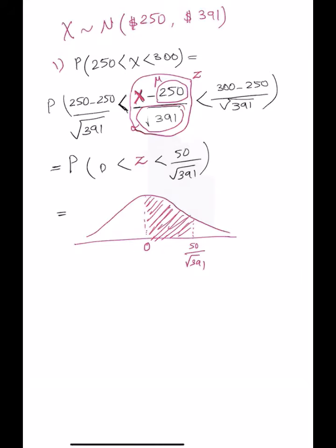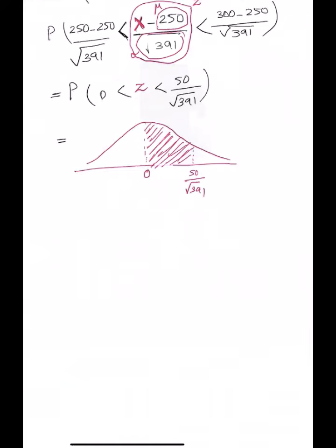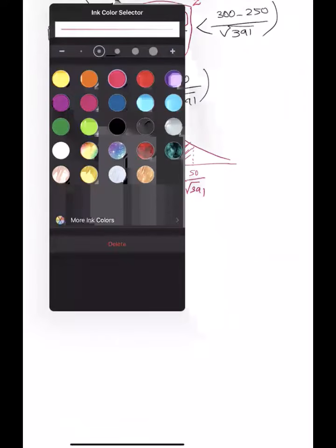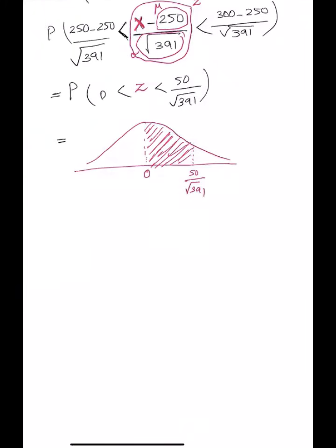If I want to use the table to find this probability, then the only way I can write it is to say this is equivalent to the probability of Z less than 50 over the square root of 391, this whole area, which obviously is a lot more than the shaded red that I want.